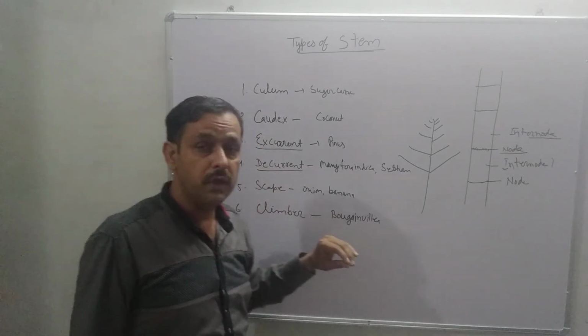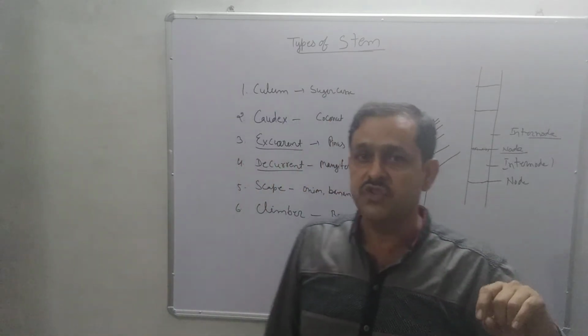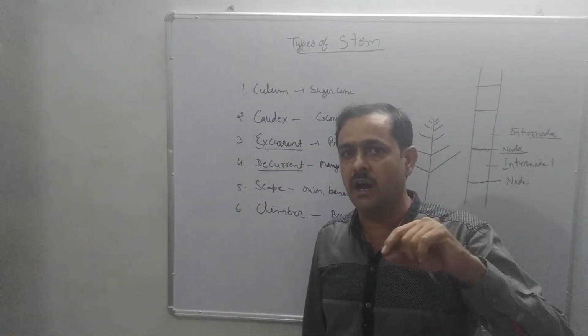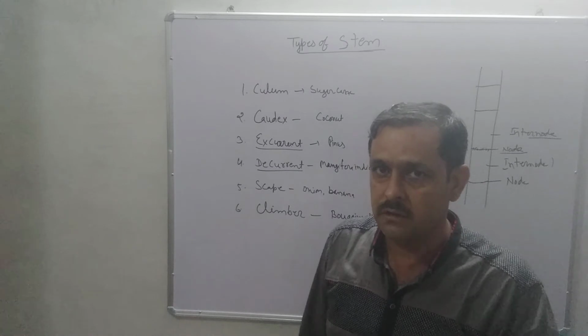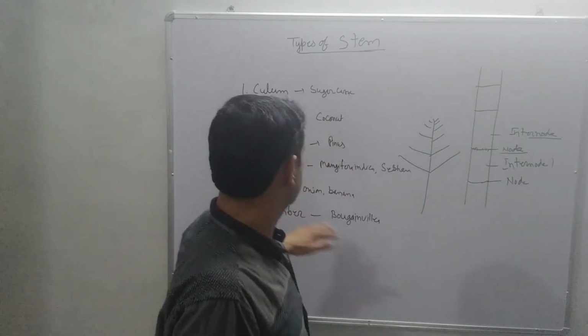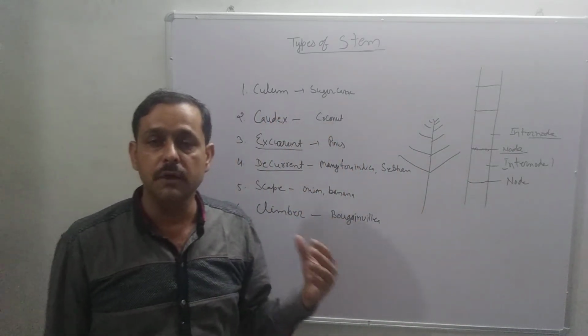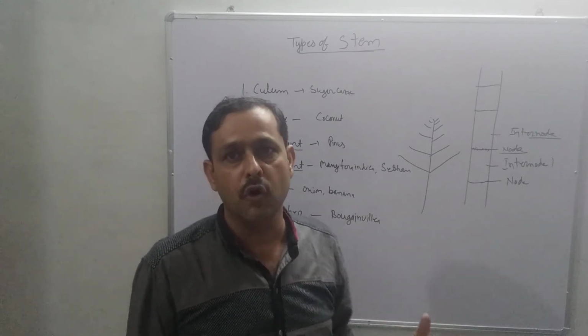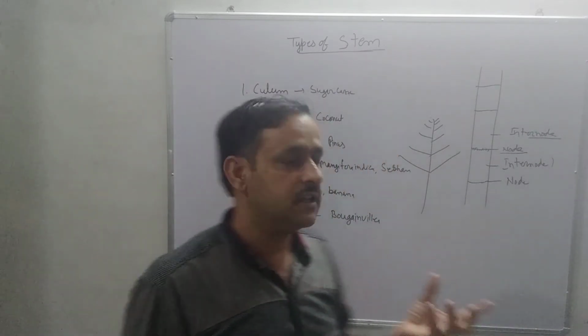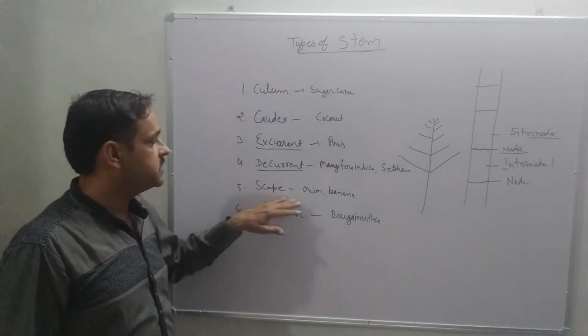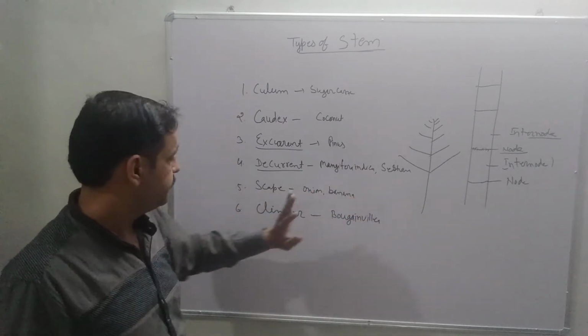Scape: whenever the stem goes in the underground part and the leaves grow from the roots, that stem is called scape, just like onion, banana.